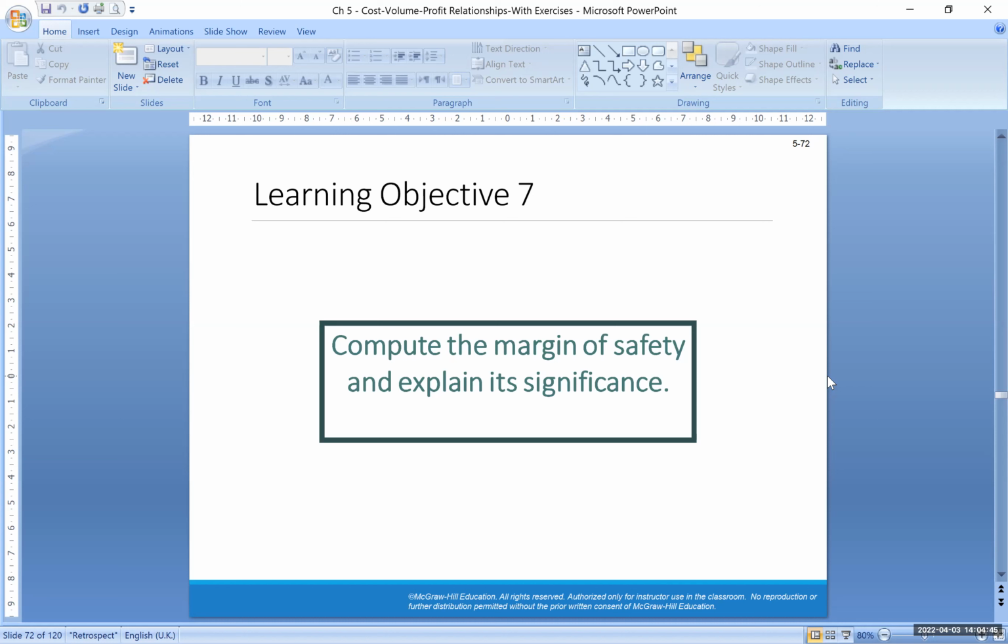Learning objective number 7. Compute the margin of safety and explain its significance. Margin of safety. The margin of safety is the excess of budgeted or actual sales dollars over the break-even volume of sales dollars.